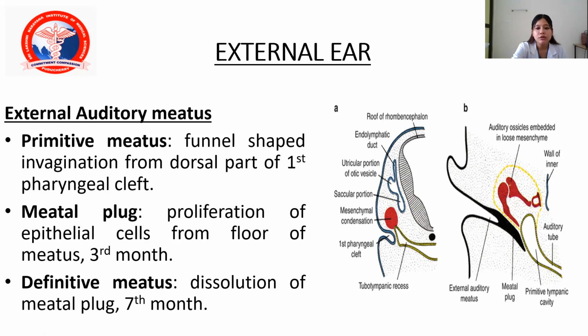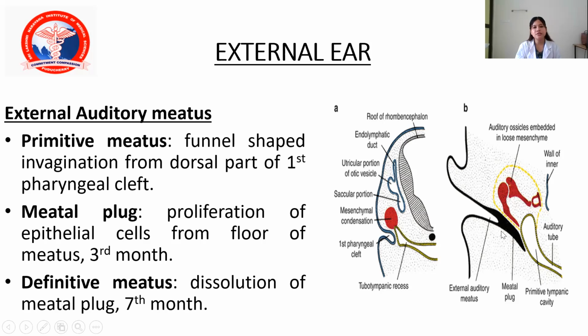Now, after that, the epithelial cells present in the floor of the external auditory meatus will proliferate, and it will form into the meatal plug.